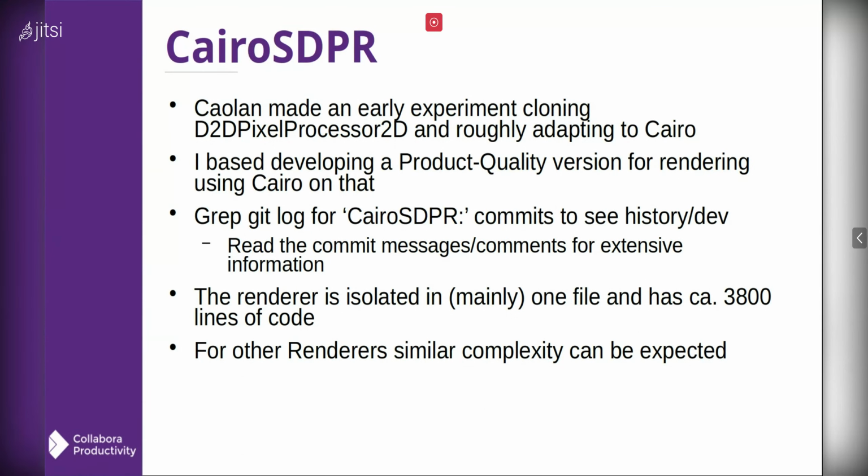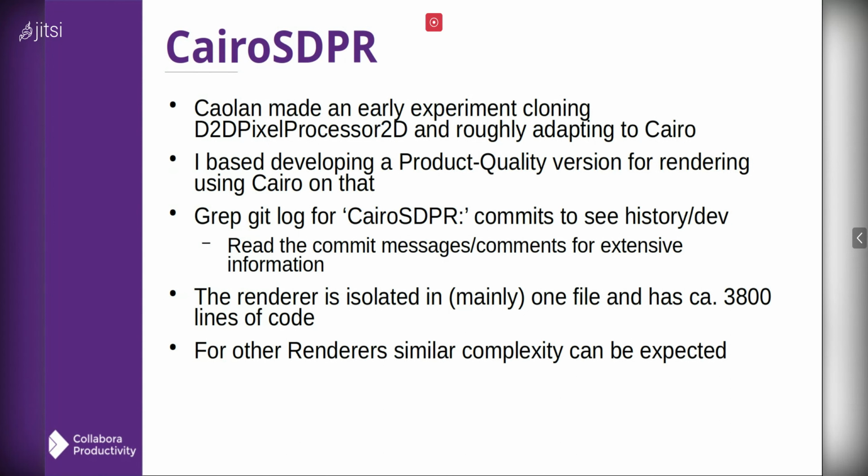So if you want to see the changes, you can just grep for Cairo SCPR, which I always used in the commit comments, like TDF hashtag to make it grabbable. So the renderer is isolated in mainly one file. There's also a tooling file for things which can be used for other renderers, which are commonly useful. It has just something like 3,800 lines.